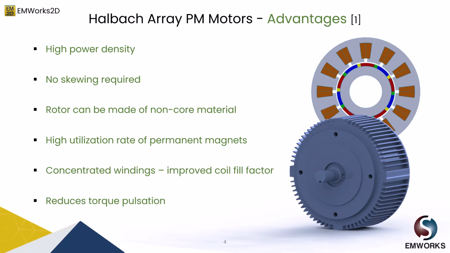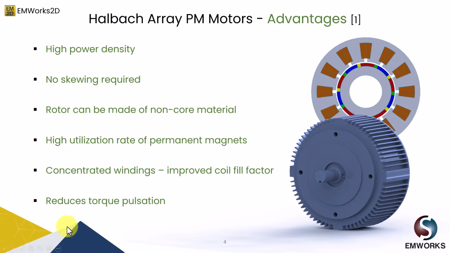Concentrated winding can be used in Halbach motors because of the high sinusoidal distribution of the magnetic field and less influence of the harmonic magnetic field, and it also improves the coil fill factor since all the teeth are wound in a concentrated winding fashion. So using the Halbach magnet arrangement, one can also reduce the torque ripple of the motor, thus greatly reducing the requirement on the motor bearings. So overall the torque pulsation is also reduced.